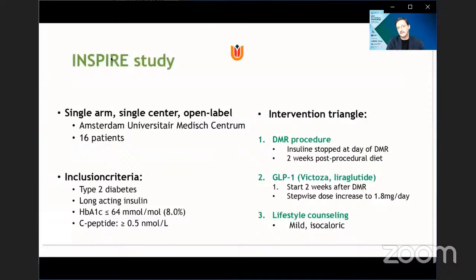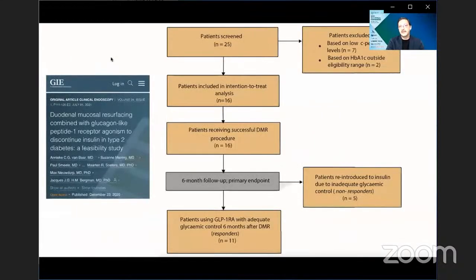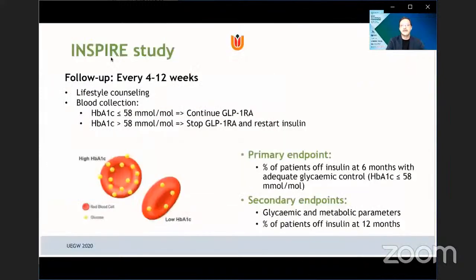They had the DMR, and then after 2 weeks started the GLP-1 analog, liraglutide, and then we followed those patients in a way that you can see right now. So there were 25 patients screened, 16 were intervened, and 16 followed up on primary endpoints, using the GLP-1 analog and taking out the insulin.